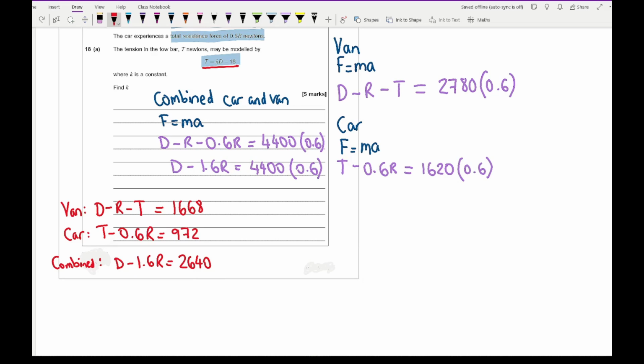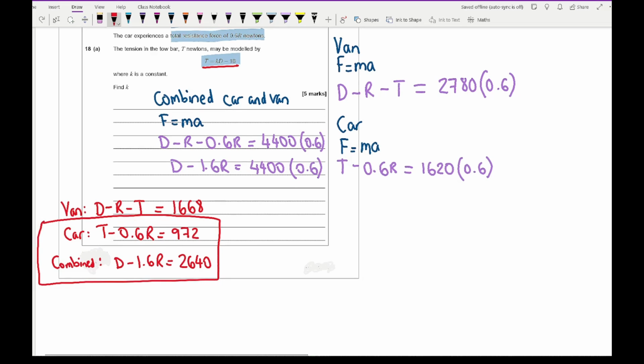I'm going to, for now, try and solve these simultaneously. I'm going to use the car and the combined equations to do so. The first thing I want to do is eliminate R. And just like a simultaneous equation, if we were to eliminate R and make the coefficient of R the same value, we would take the first equation and multiply by 1.6.